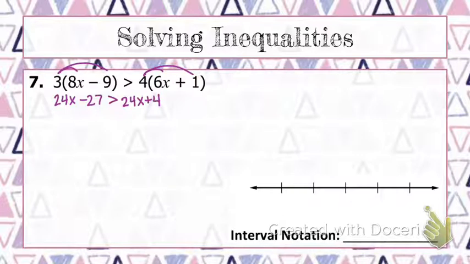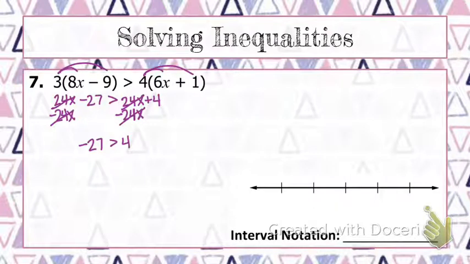Let's move all of our variables to one side. And those cancel, but hey, these cancel too. And we learned about these special cases when we talked about solving equations. Now we're going to learn about them in solving inequalities.